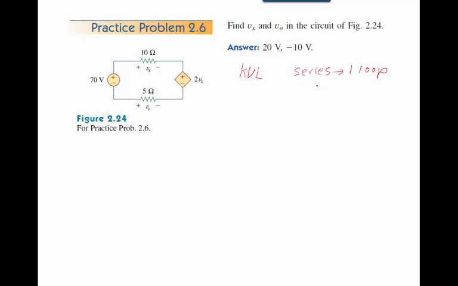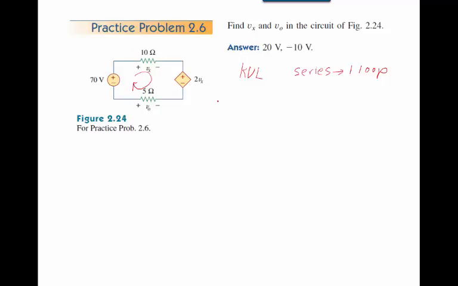KVL says the sum of the voltages around the loop is 0, so it makes sense to do KVL. So I am going to somewhat arbitrarily draw a loop, which defines the direction in which I'm going to analyze this circuit. As a rule of thumb, or guideline, for solving these problems, go around and take the voltages as they come.